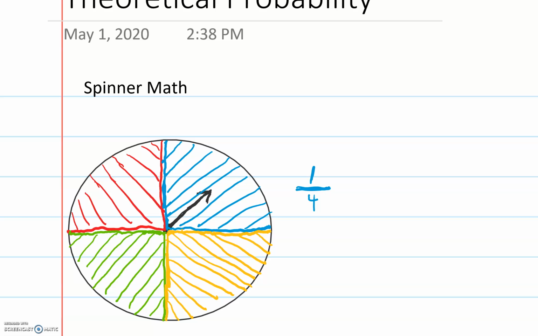Because all of them are equal, the way we write this is: the number of correct choices, or whatever you chose as correct, over the number of total choices.